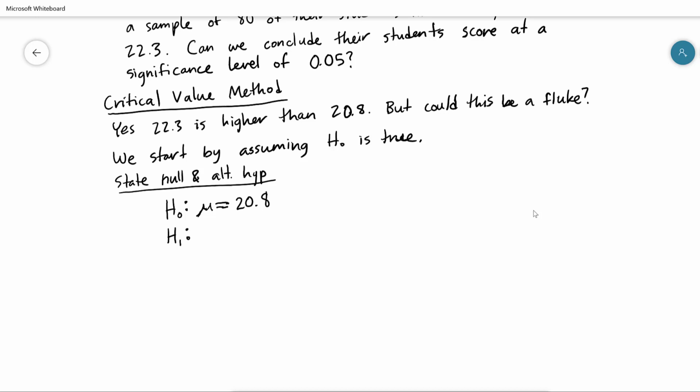But the alternate hypothesis is that their test prep did improve scores. So what we're saying is mu is the average score of all the students at the test prep company.